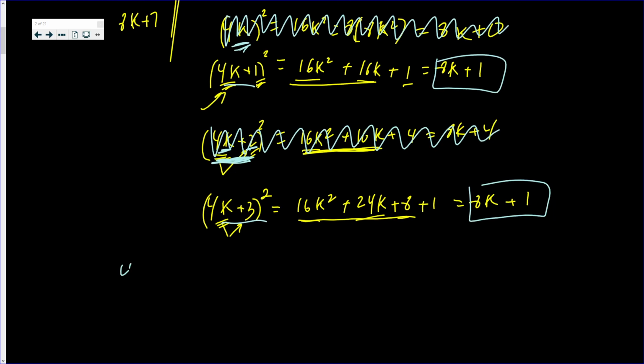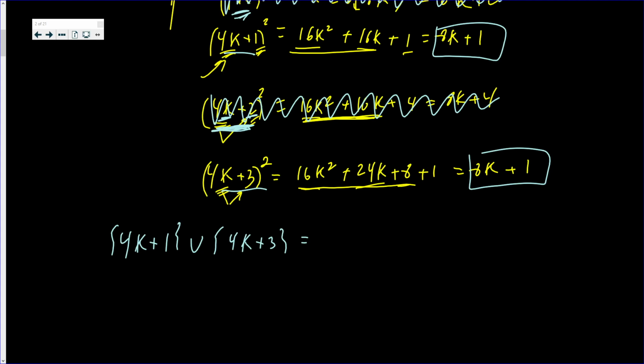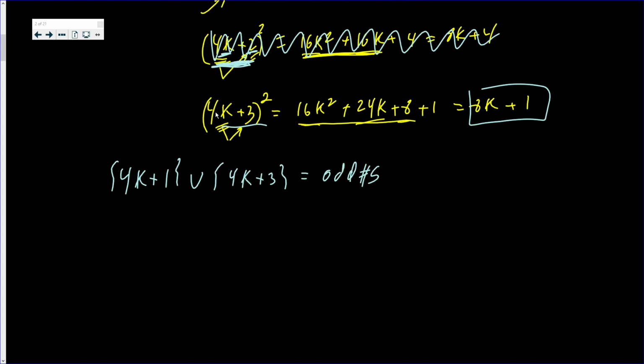Now, why is the union of numbers of the form 4k plus 1 and numbers of the form 4k plus 3 equal to all the odd numbers, say non-negative?